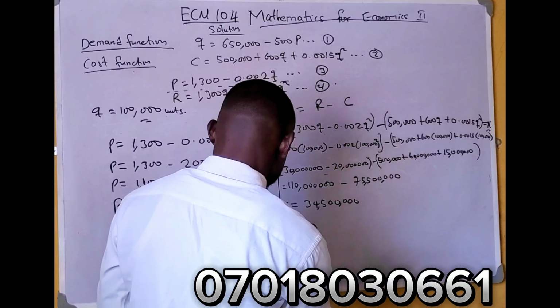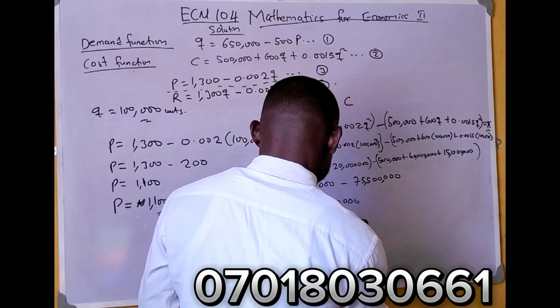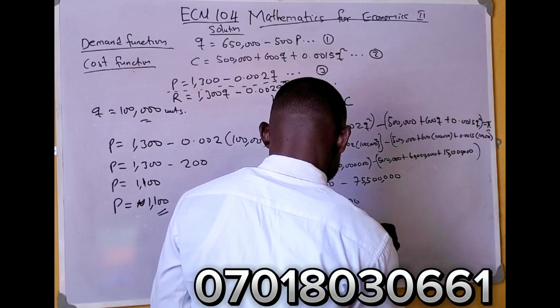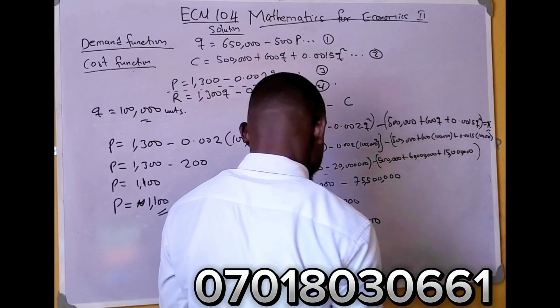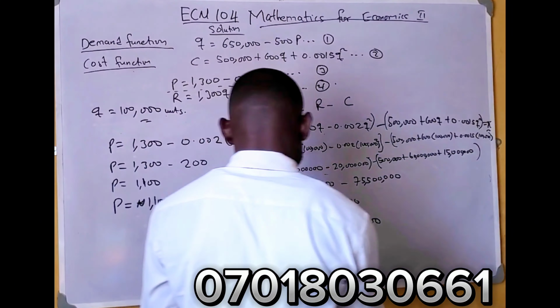So therefore, the profit of the firm is, you put the naira sign there, 34,500,000. This is the profit.